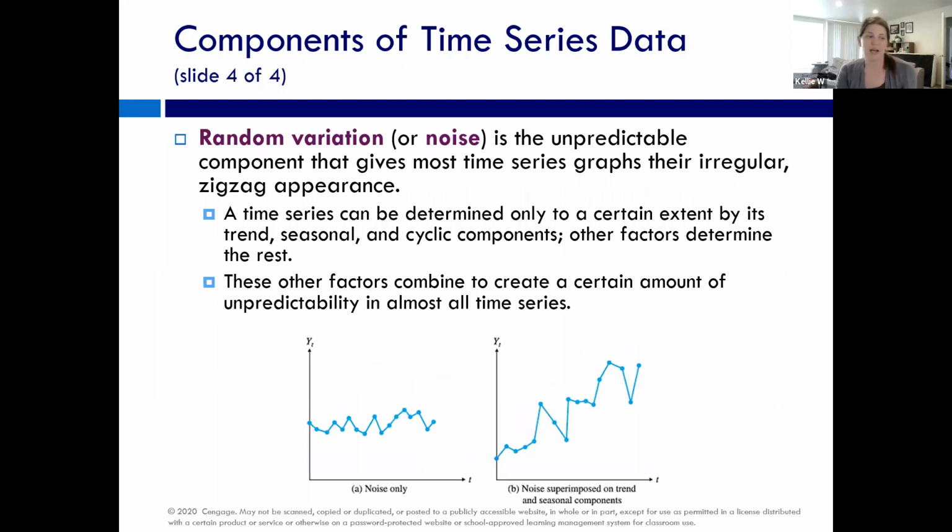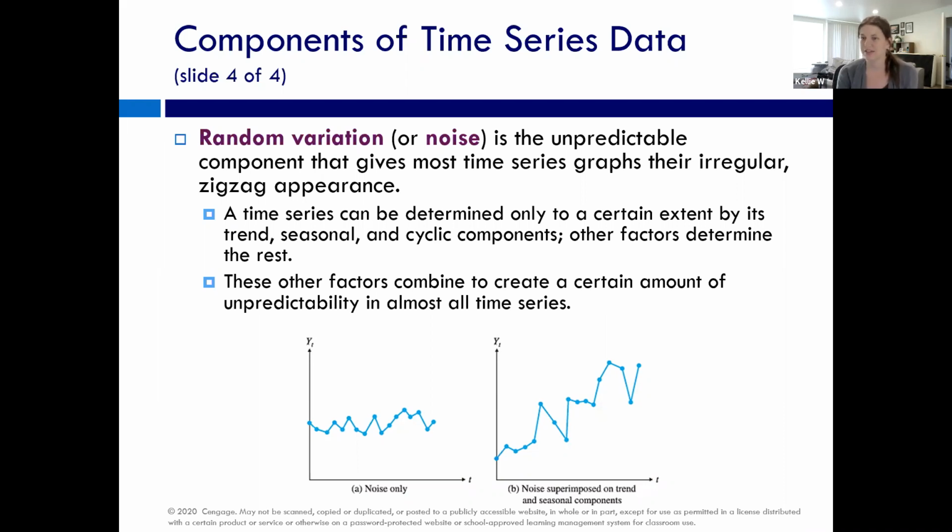Then we get noise, just random variation. It gives that irregular shape. So we have our trend, our seasonal or cyclical component, and then everything else is out of our control. If it's financial, there are other things that influence the stock market besides just what people are buying and selling in the recent past. And with things like oil futures, no one's expecting that there will be a cybersecurity attack that will shut down production.